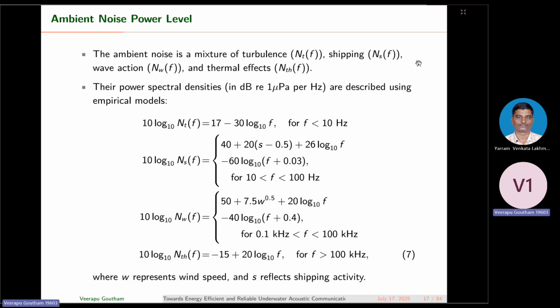All these noises are called ambient noise. When you are receiving the signals through your ear, there are some other nearby acoustic signals you are receiving. That is called ambient noise. Those are turbulence, shipping, wave, and thermal effects.